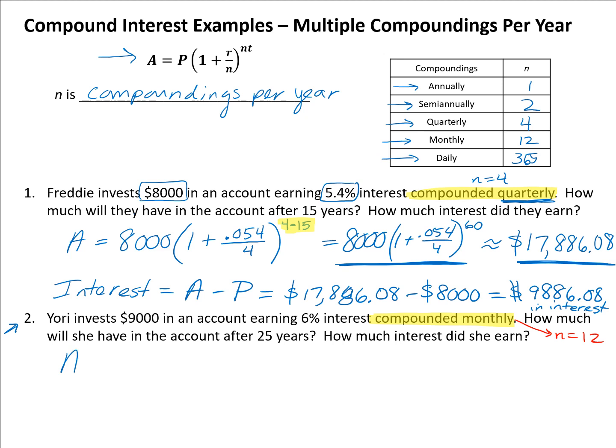Well, we're going to use the same formula, but our starting investment has changed to 9,000. Parentheses 1, you must have the 1 in every example, plus the interest rate, 0.06, always write the interest rate as a decimal, divided by N, which is 12 because we are compounding monthly, raised to the 12 times T, 25. 12 times 25, I want to do that calculation for the exponent first before I throw it all into my calculator.